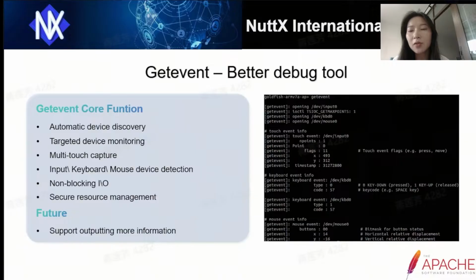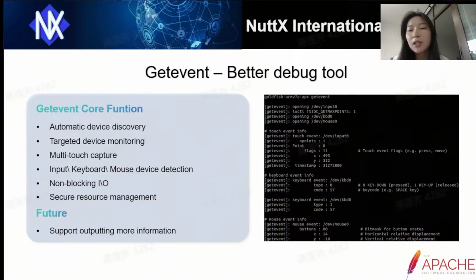Targeted device monitoring: you can also choose to monitor one or more specific devices through command line options. Multi-touch capture, thus capturing data like coordinates and timestamp for each touch point. We use a non-blocking mode with a 500 milliseconds timeout.